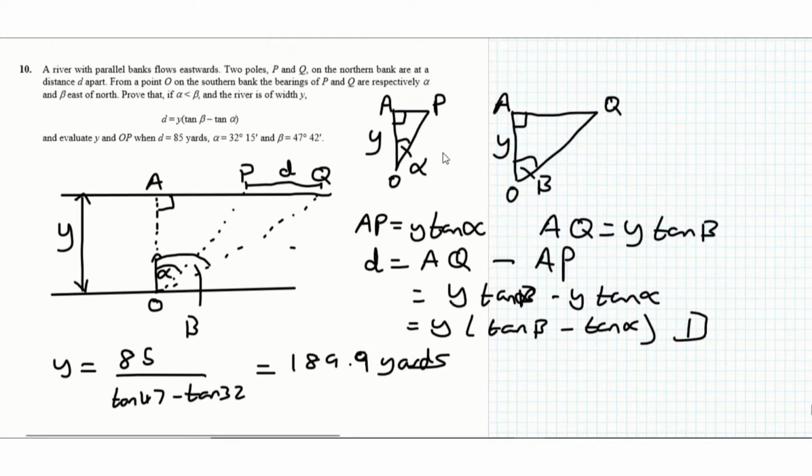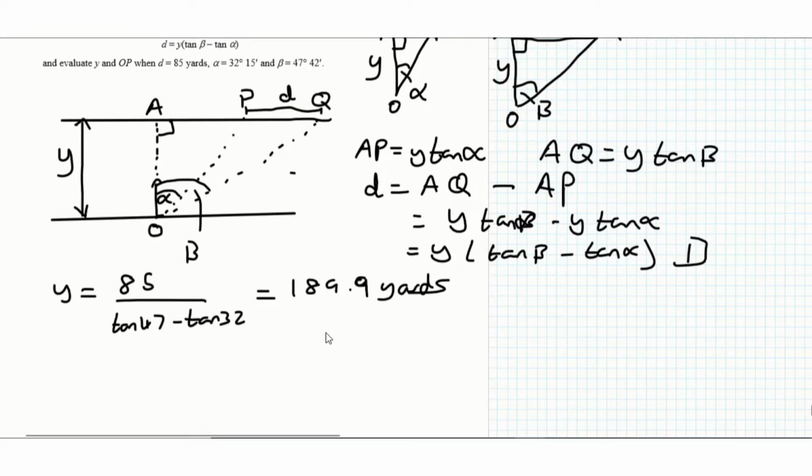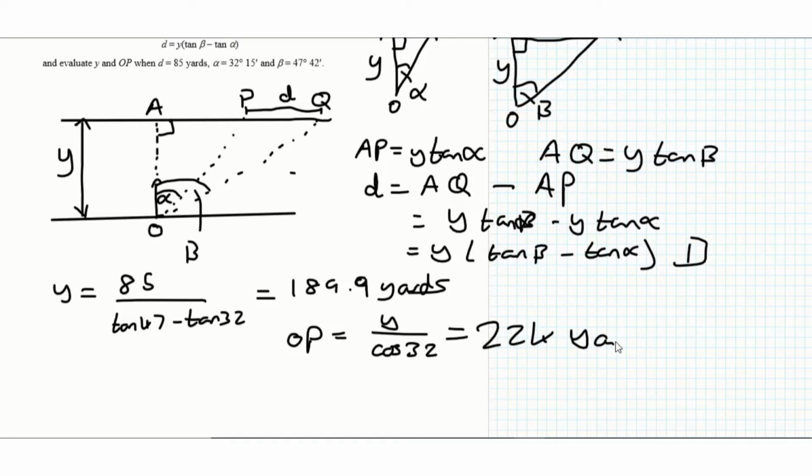Then you rearrange that for what we want to find, OP, which is the hypotenuse, so we divide by cos 32, that's equal to y over cos 32, and y is 189.9, and this comes out at 224 yards. Of course, I've rounded for y and OP again, but remember, because this is 4 significant figures, writing that to 3 is still very accurate.